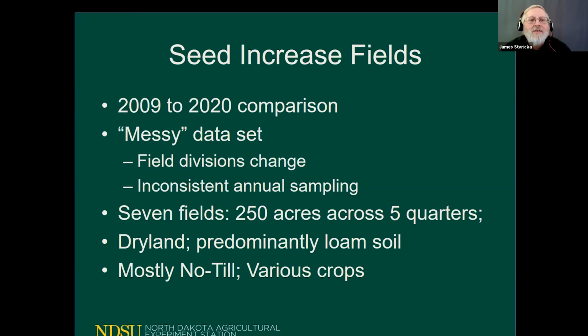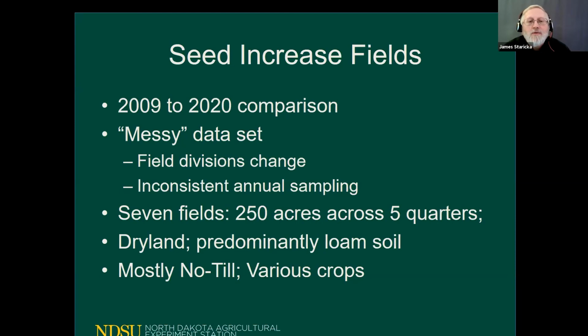What I mean by that is some years the fields are subdivided into 2 or more fields that were sampled separately. In other years, 2 or more of the fields are combined, and that combined area was sampled as a single sample. And also I found that not every field was soil sampled every year. But going through the data, I did find 7 fields that were sampled fairly consistently during this 11-year period.